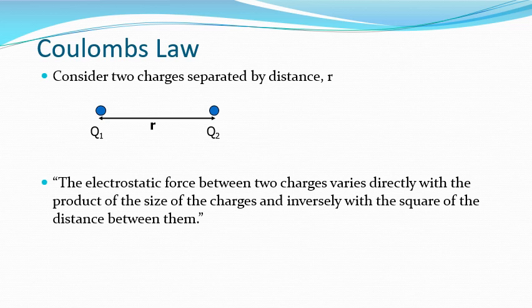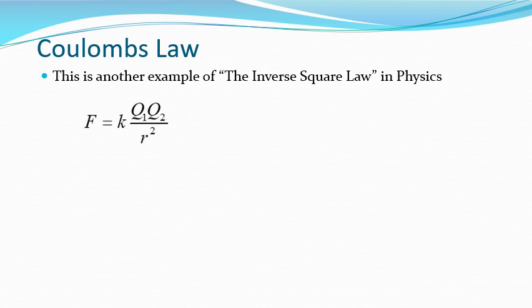Coulomb found that the force depended upon the distance between the charges, in an inverse square relationship, in the same way that there's an inverse square relationship for gravitational forces. It also depended on the product of the magnitudes of the two charges. So he ended up with a relationship like this one.